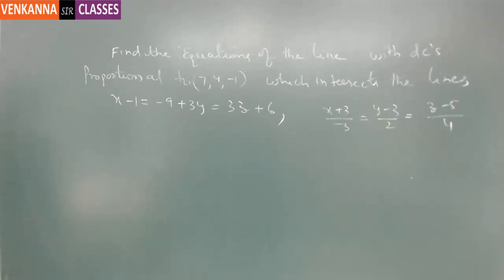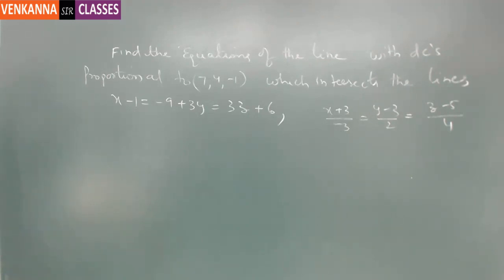Then let us discuss the approach. Right. So here we need to find the equation of the line whose DCs are proportional to 7, 4, minus 1, and it intersects the lines. Two lines are given.